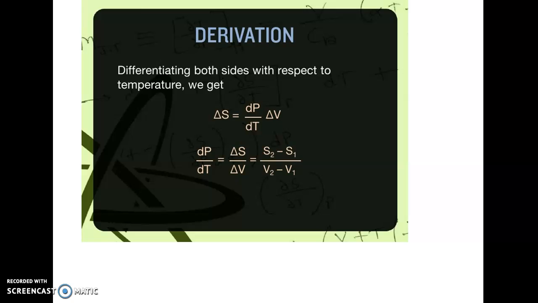Therefore, dP by dT is equal to delta S by delta V, which is equal to S2 minus S1 divided by V2 minus V1, where delta S is the entropy change from the initial to the final state. Similarly, the volume change is the final volume minus the initial volume.